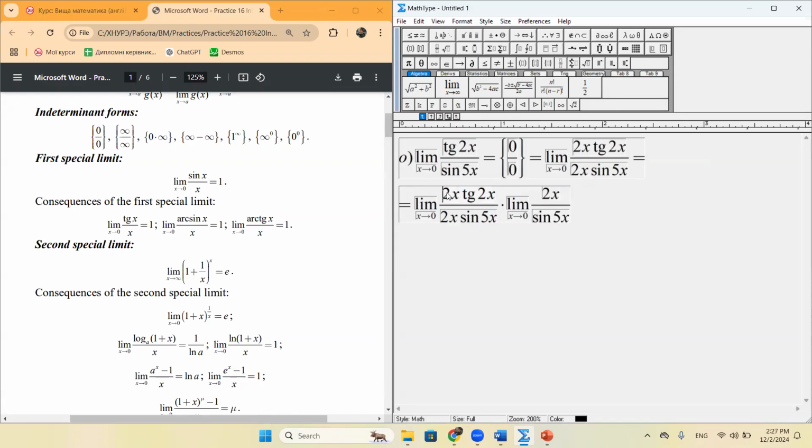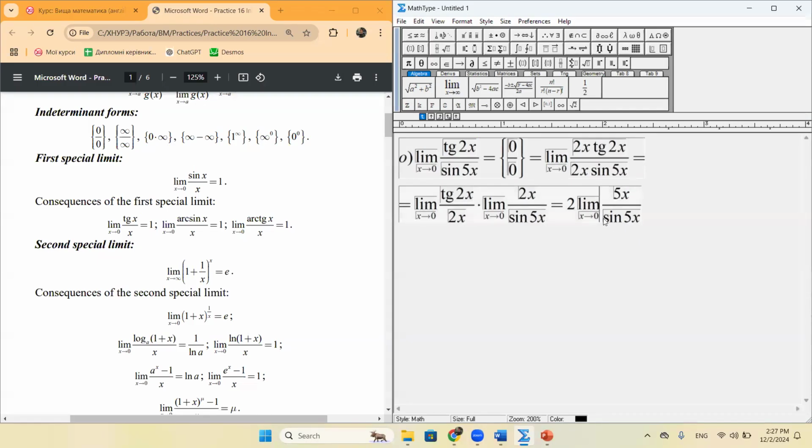And here we have the next. So we just wrote it as the product of limits. So it will be equal to 1. So just reducing it. And what remains? So 2, a limit of x by sine of 5x.